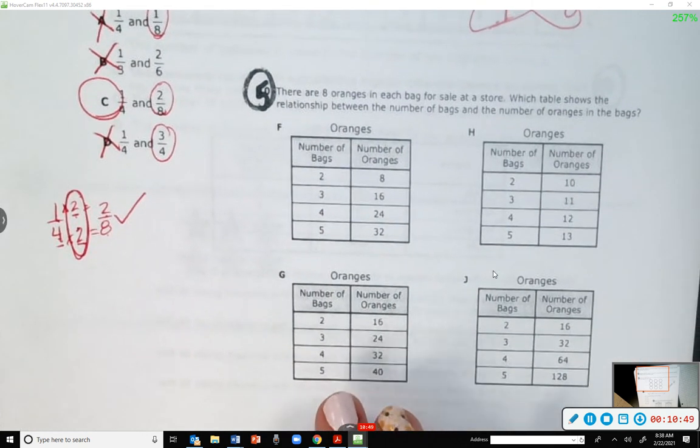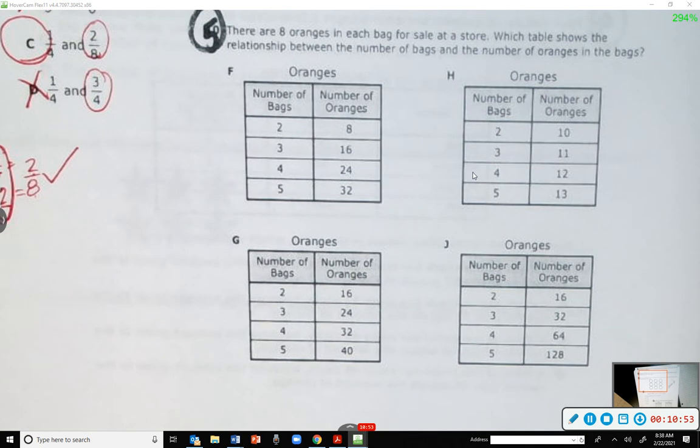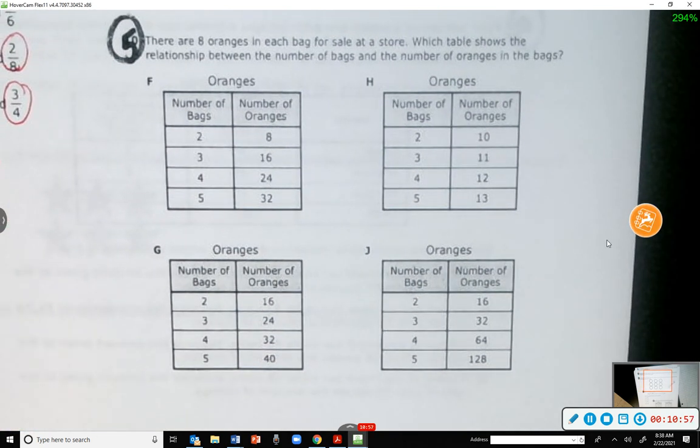There are 8 oranges in each bag for sale at a store. Which table shows the relationship between the number of bags and the number of oranges in the bags? Okay? Well, let's go back and find our important information. What is important? Allie?